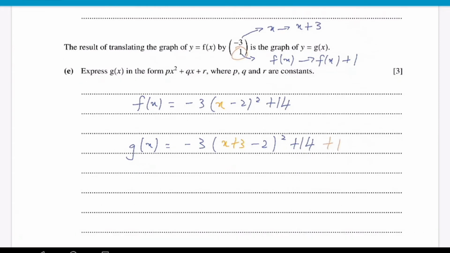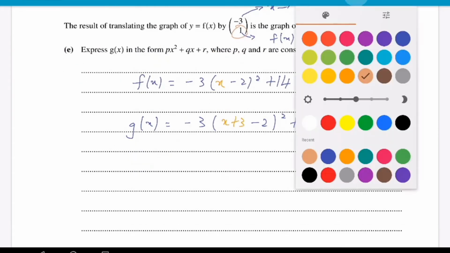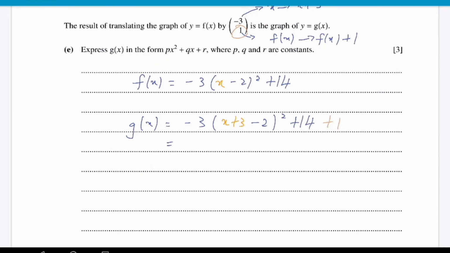After that we just have to expand, because they need it in expanded form. -3(x + 1) squared plus 15. So this is -3x squared minus 6x, and then the constant is 1 - 3 plus 12... this would be the function g(x) that we get for this part of the question.